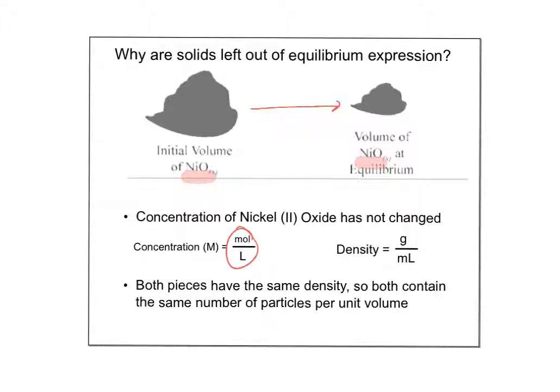So if I'm lowering the number of particles and I'm lowering the size, we're not actually changing concentration, right? If I lower the top of the fraction and the bottom, the concentration is still going to stay the same. Or you could think about it as density. The density of this does not change when I make it smaller, when I cut a piece out. So the using up of a solid does not impact the equilibrium position, so K is not impacted.